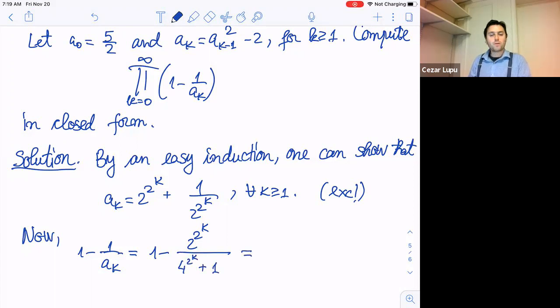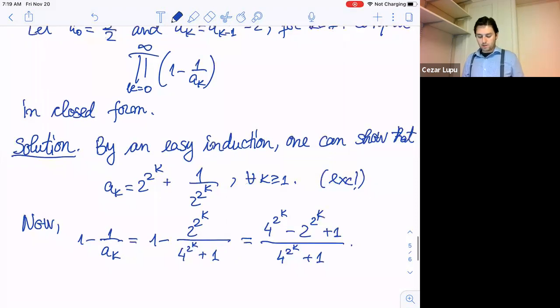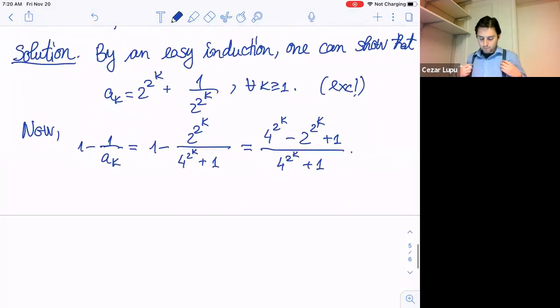And now if we want to do a little bit more algebra, and why not? This will be 4^(2^k) minus 2^(2^k) + 1, everything over 4^(2^k) + 1. Oh, great. All right.